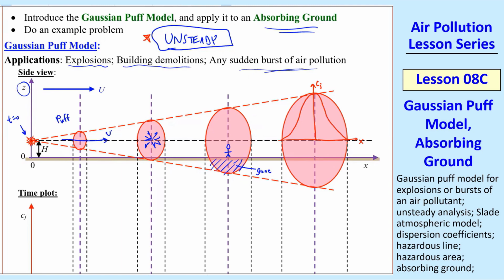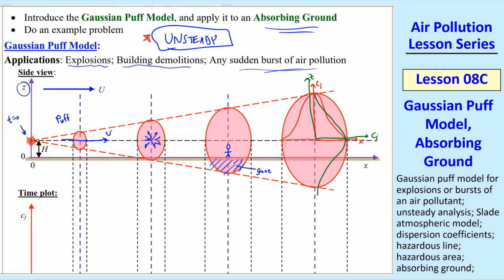I also can plot Cj, I'll just use a different color here, Cj as a function of direction z, and that will also be a Gaussian, and that's going to look something like this. So we have a Gaussian vertically and a Gaussian horizontally in the x direction. We also have one in the y direction, which I'm not showing here, but I'll show below.